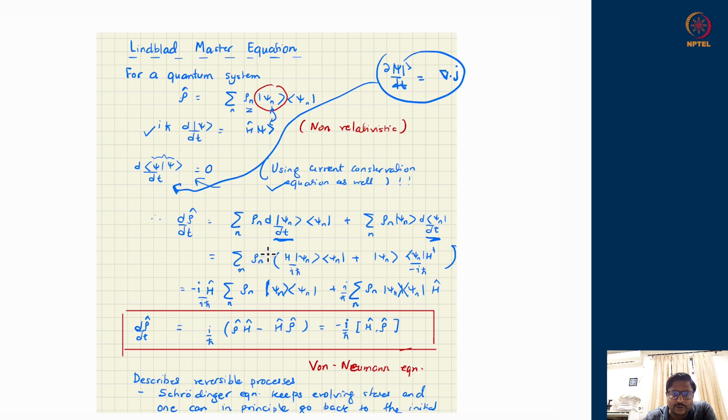on psi. So whenever I see d psi n upon dt over here, for example, I will replace it with Hamiltonian acting on psi n divided by iota h bar. This iota h bar moves to the right hand side.